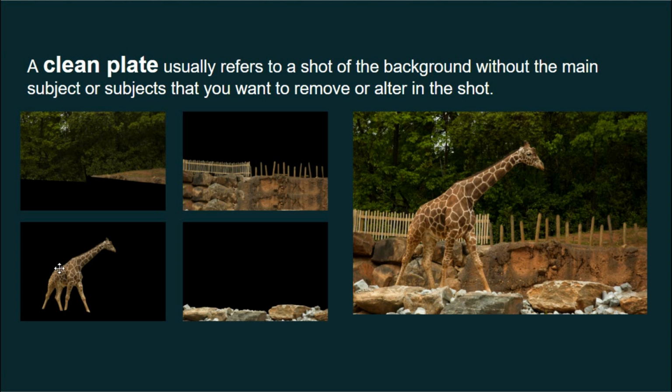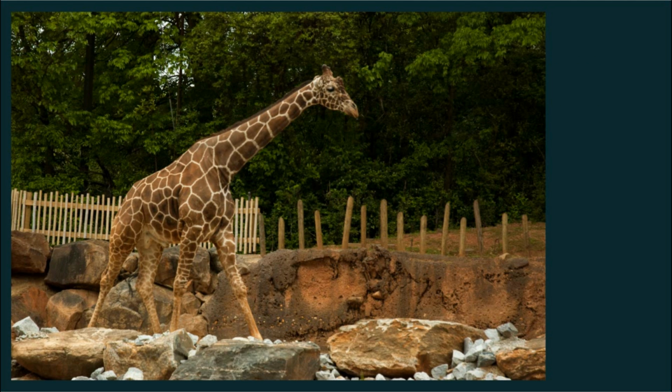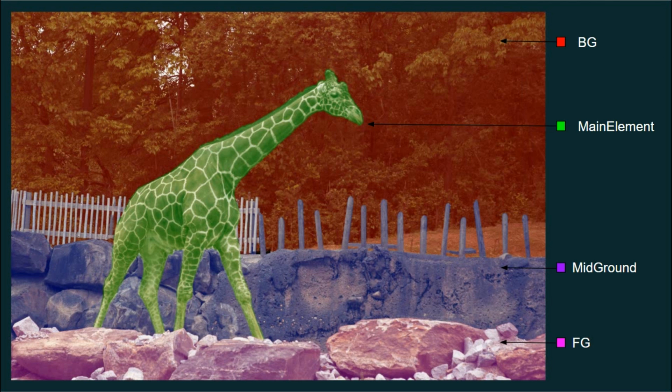And of course, we also have to separate our giraffe because we're going to be integrating some animation on it. Again, this is a picture, and this is a small color representation of how it's separated. This is the background again. This is our main element, there's our giraffe. Our midground is all this purple color here, and our foreground.